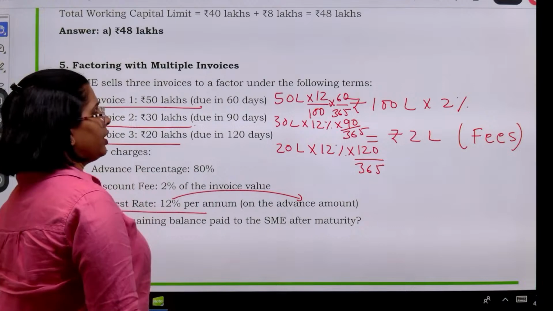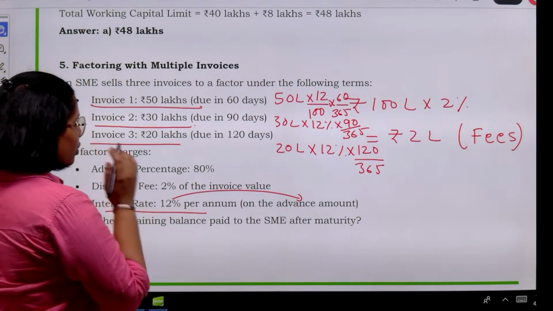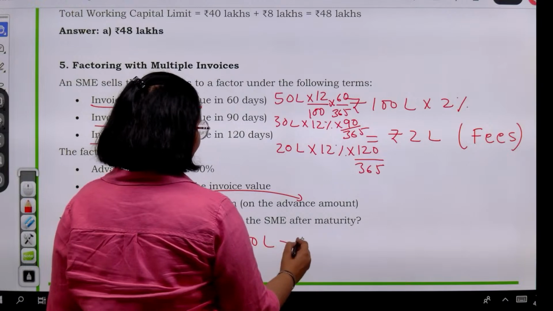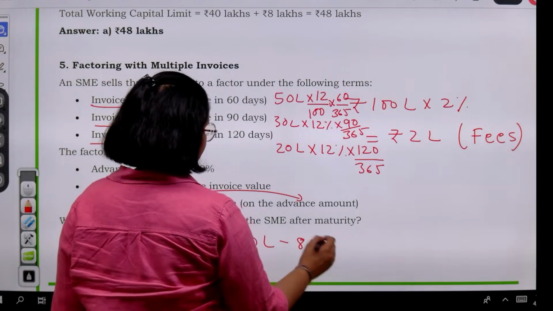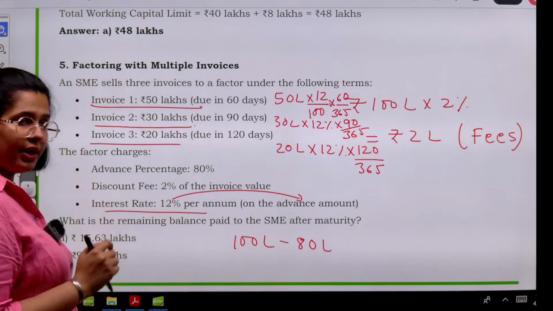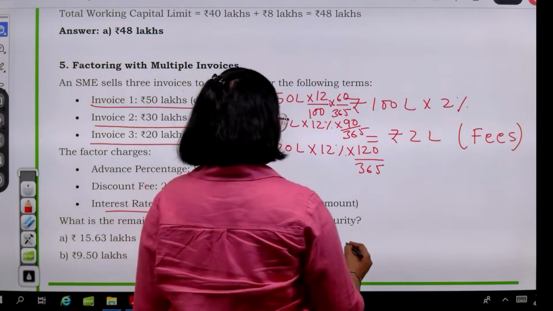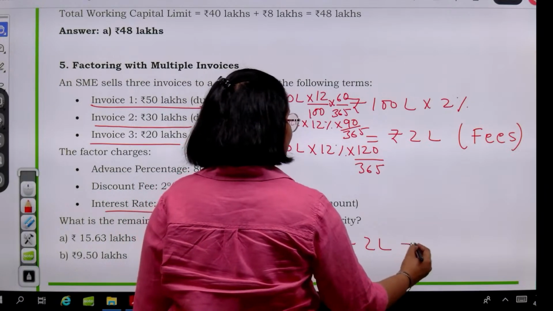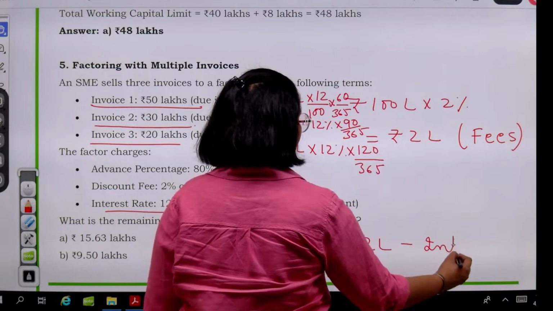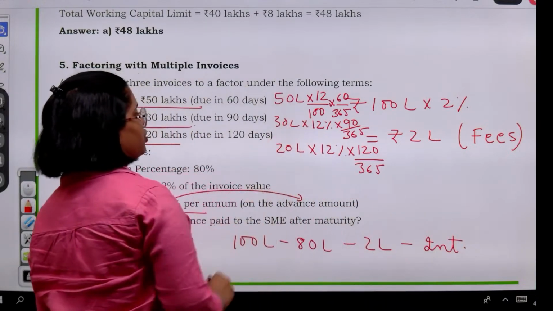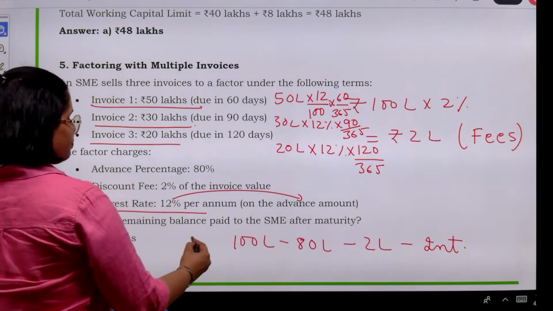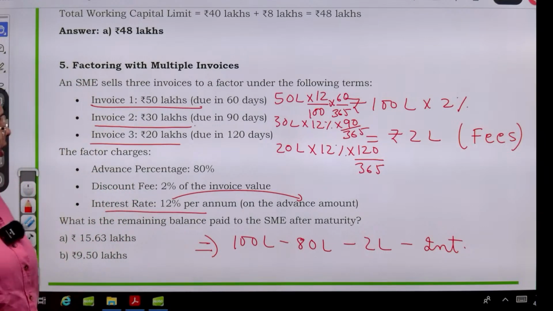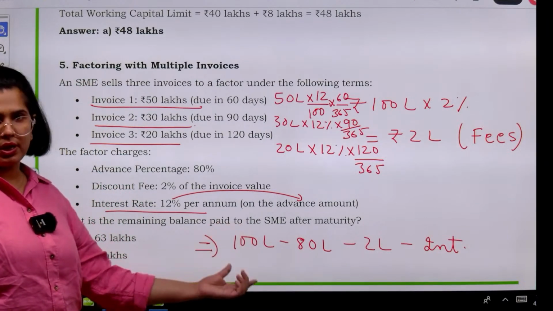Basically now what you need to do is, see, out of 100 lakhs you have already paid 80 lakhs, 80% amount you will pay, fine. Then you will deduct your discounting fees, that is 2 lakhs, less you will deduct the interest cost that will come in these three. So basically what is the amount I will pay after maturity? 100 lakh was the total invoice value.